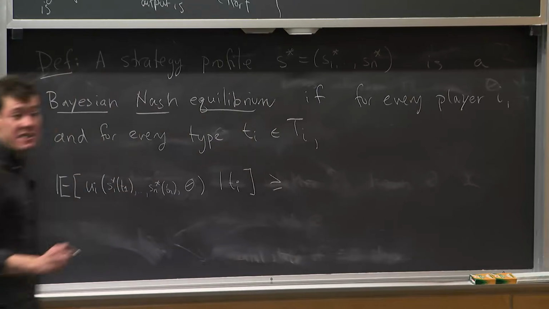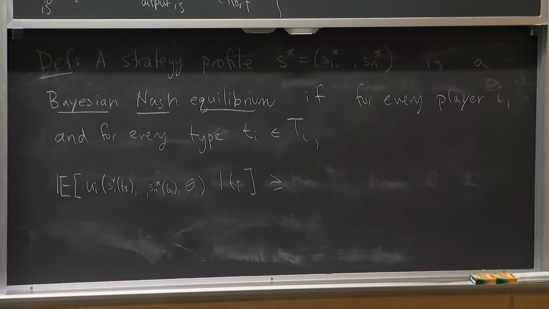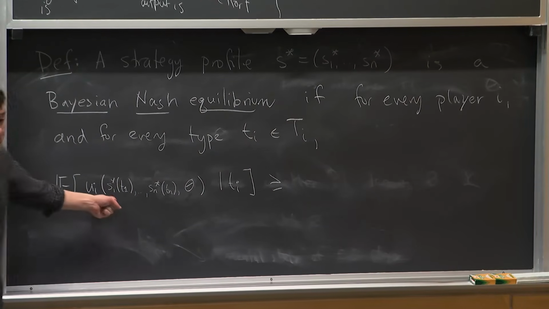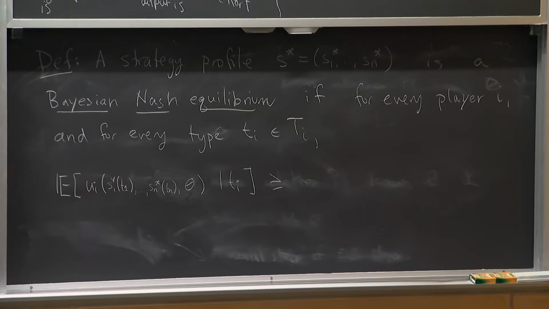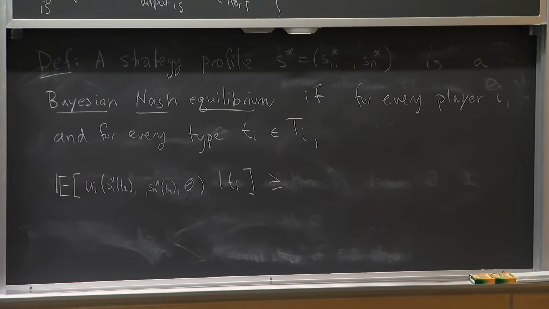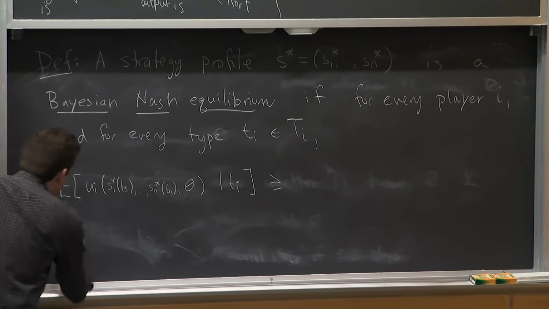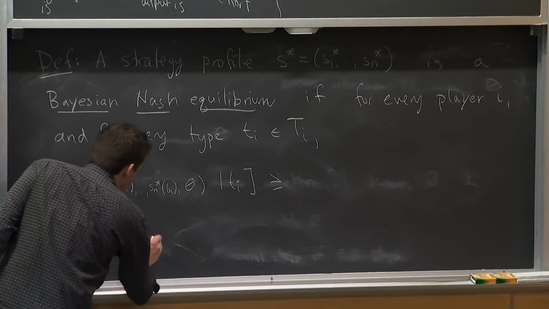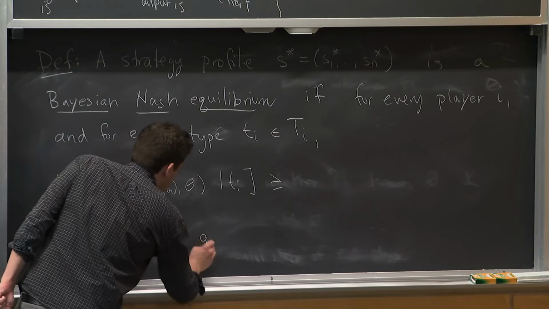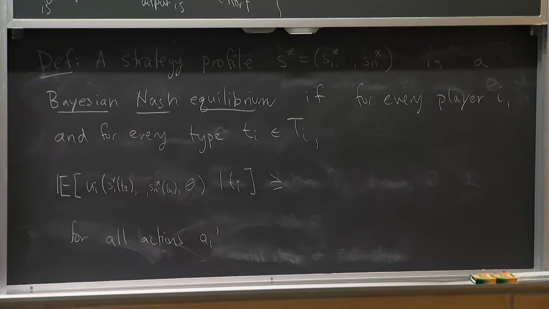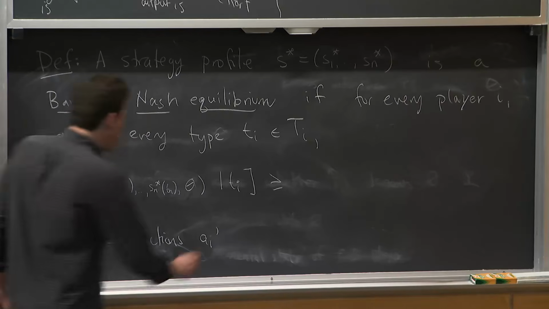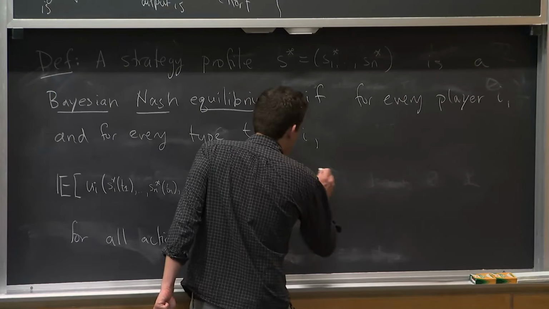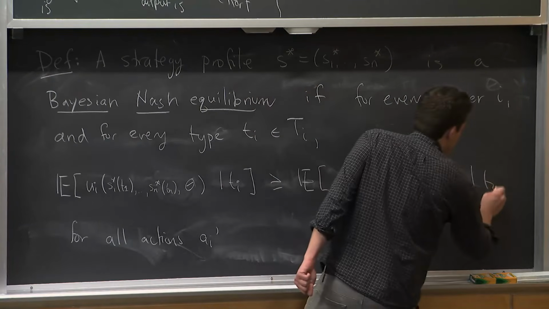Okay. We want to compare that to what happens if player i deviates. So I want to compute the same expected payoff if player i chooses some action, let's say ai prime, and we want this to be true for all actions ai prime. So it's also a conditional expectation given ti.